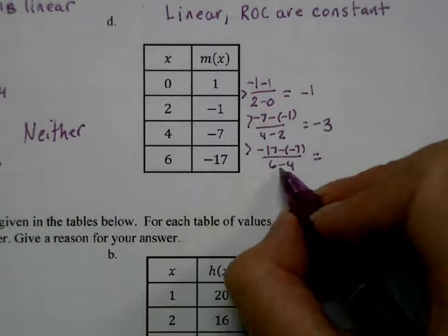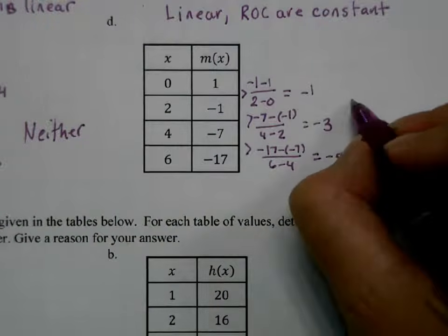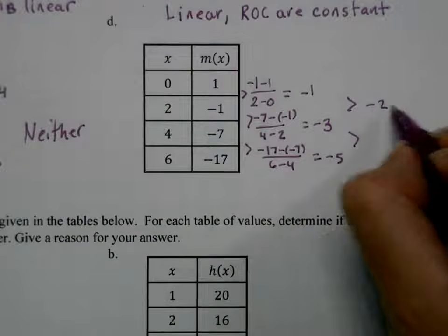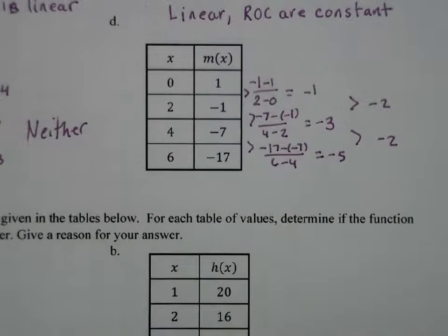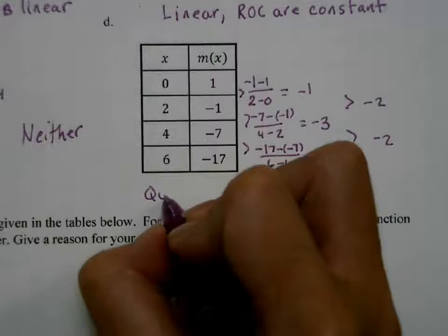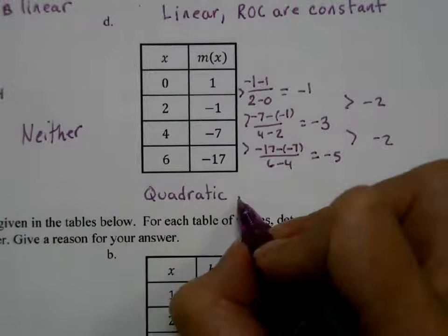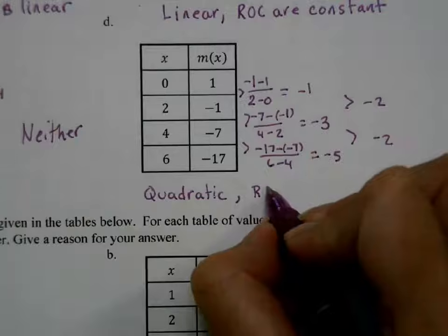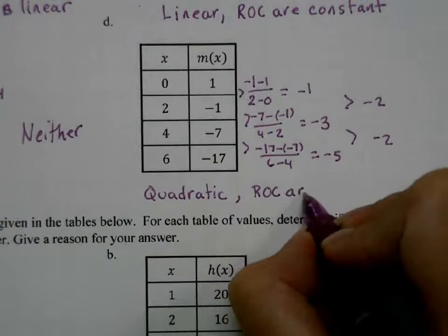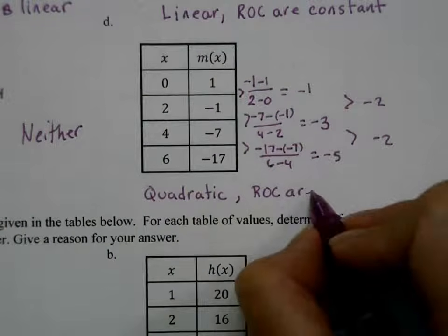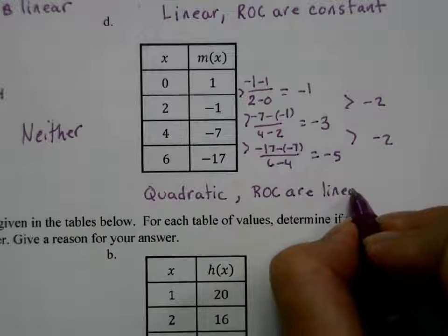These are going up by a steady rate of -2, which means we are quadratic. And my explanation again is that the rates of change are linear, over equal input values. If these were not equal, then this doesn't show us anything.